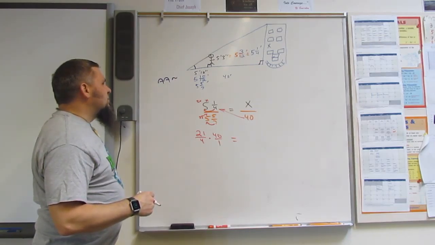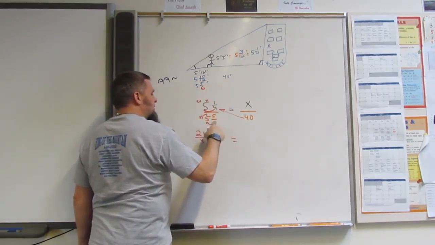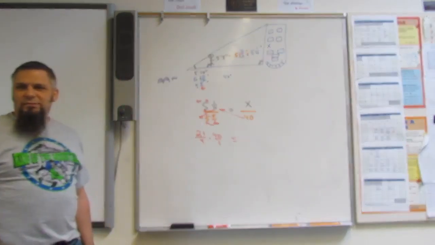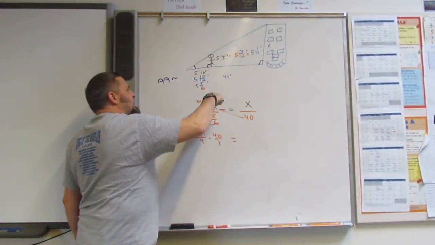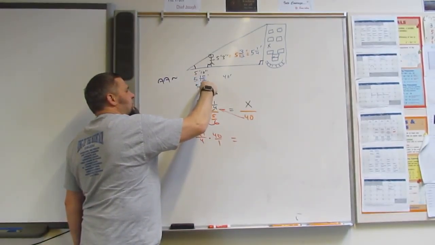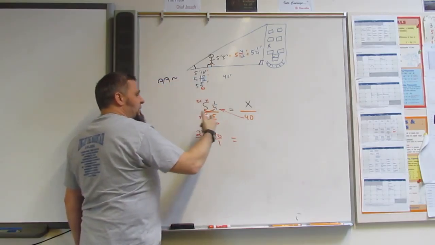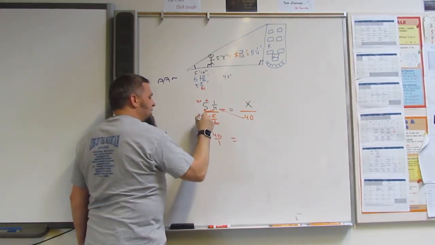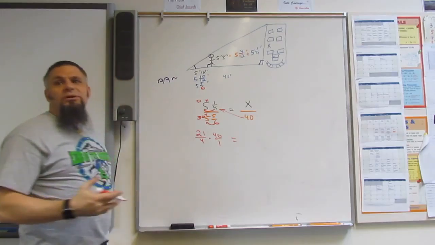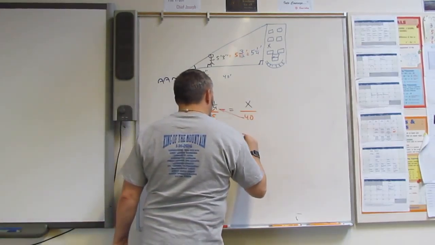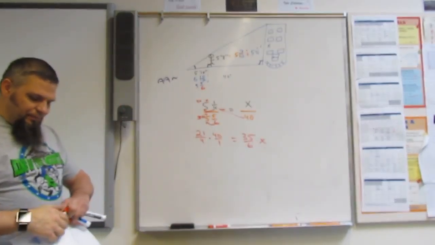Wait, how did I get 7? That's a 6. Yeah, 2 goes into 10 5 times, 2 goes into 12 6 times, so we have 5 over 6, and 6 times 5 is 30, and 30 plus 5 is 35, and that's times x. So 35 over 6 times x.